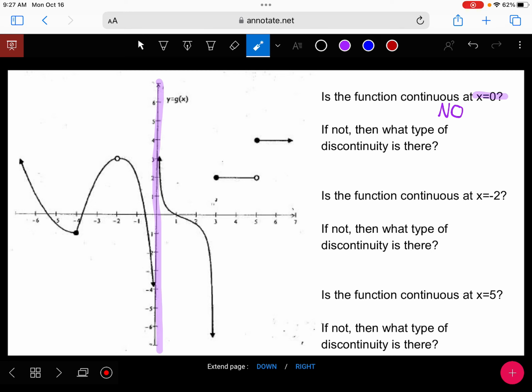There's two different words I would accept on it. Asymptote is one of them. I told you. Infinite discontinuity is the other. It is an infinite discontinuity because there is an asymptote. So I get the thought process on both. Technically, this is an infinite discontinuity. So I'm going to put that on here.